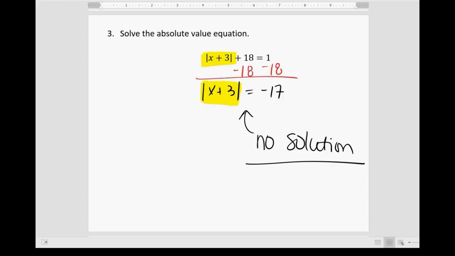Now, you've got to be aware of that, because you could totally keep going if you think this is an okay scenario. You would split them off into two and then solve two different equations and get two different answers. But if you were to go back and plug those numbers into your absolute value equation, you will find that they are not true statements. So that's the answer to number 3.